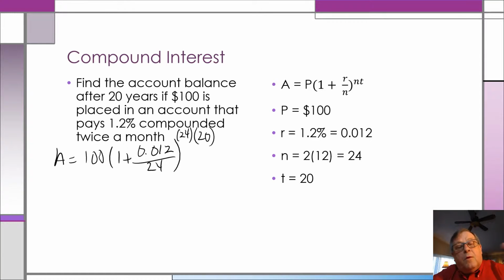All right, well, first we want to work inside that parentheses. 1 plus 0.012 divided by 24.